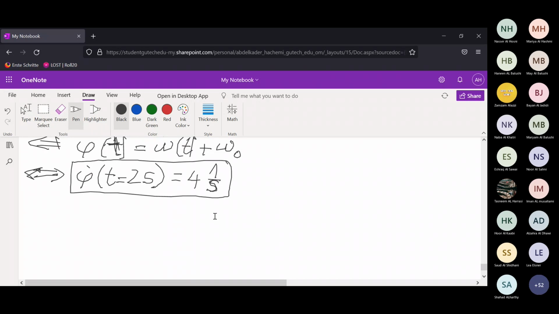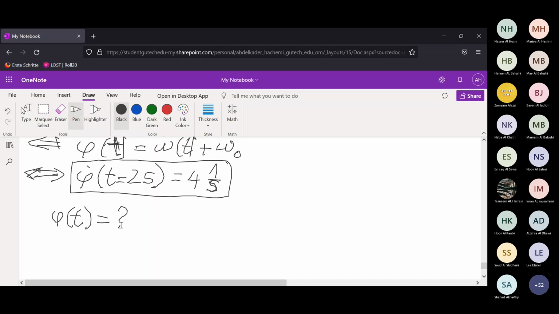Now, if we look to phi at time t, the expression of it.